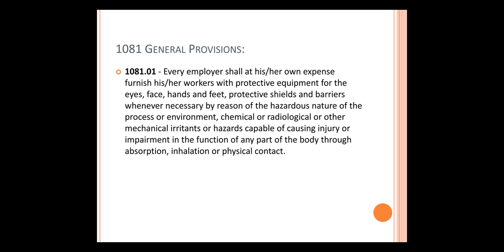Every employer shall, at his or her own expense, furnish his or her workers with protective equipment for the eyes, face, hands, and feet, protective shields and barriers whenever necessary by reason of the hazardous nature of the process or environment, chemical or radiological or other mechanical irritants or hazards capable of causing injury or impairment in the function of any part of the body through absorption, inhalation, or physical contact.